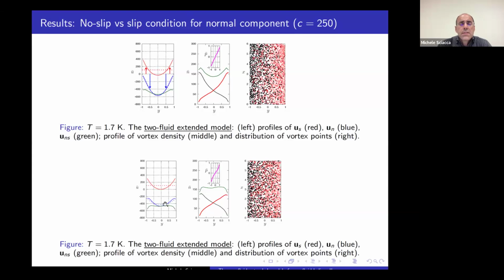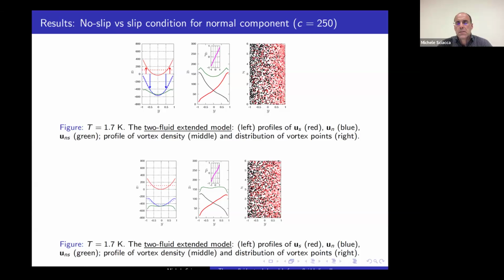And what we saw is that when you allow the normal component to slip on the wall, the profile of the normal component becomes flattened. So probably it may be, we don't know, this is a numerical experiment.